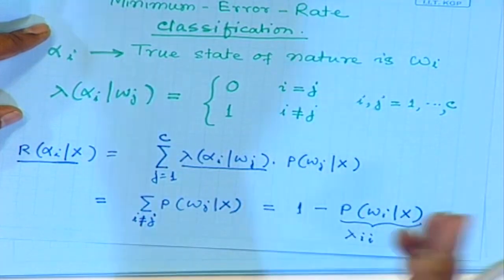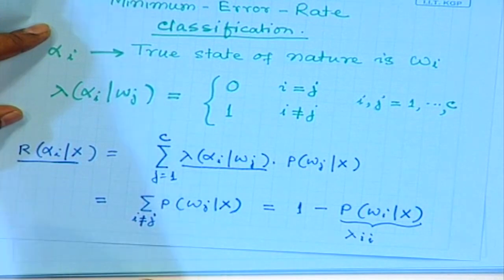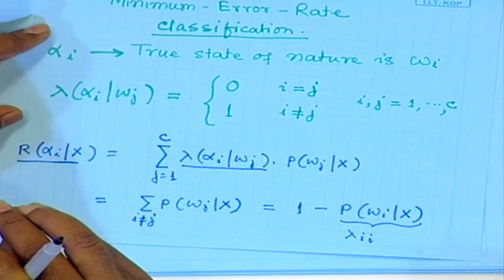If I go for the Bayes rule, for every different class it has to find the a posteriori probability, and whichever class gives the maximum a posteriori probability, the classifier will decide in favor of that class. In case of the minimum error rate classifier, for every class the classifier has to find the error for taking a particular action, and it will decide in favor of that action which gives the minimum error, right.